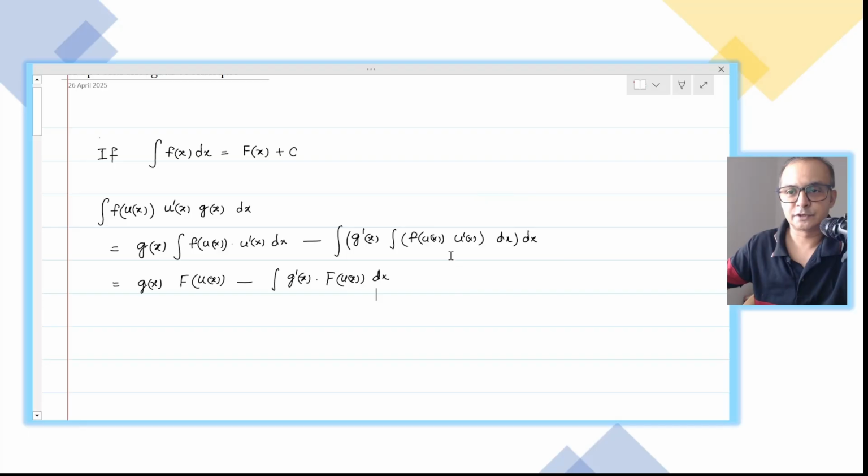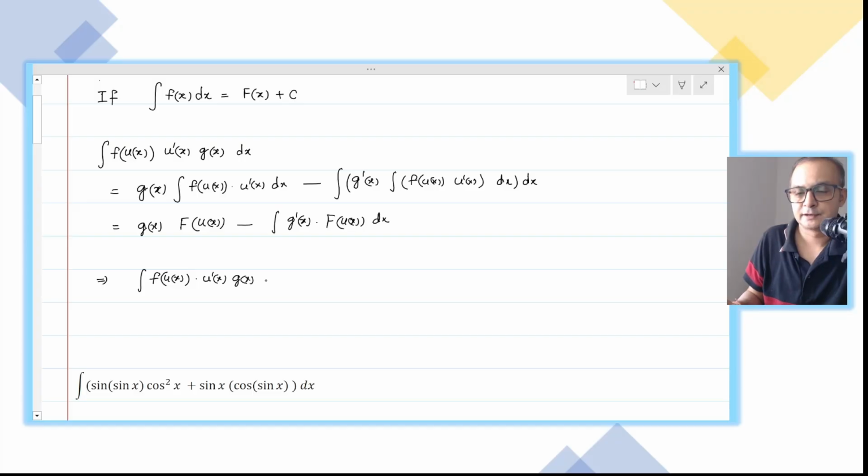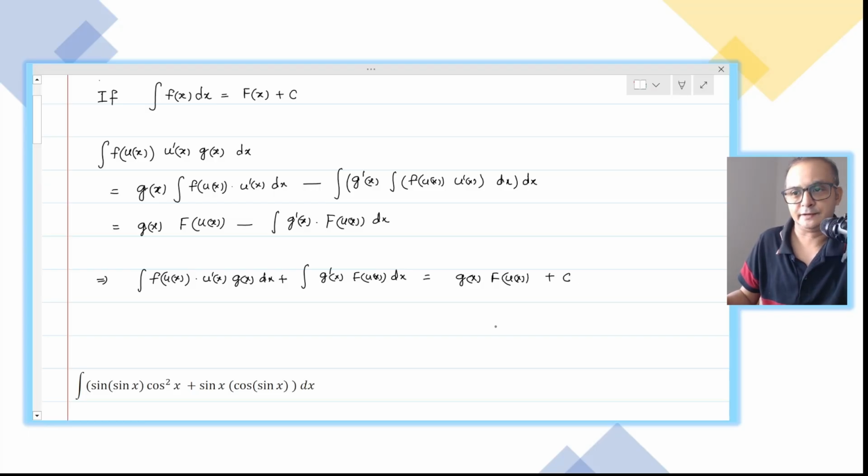Now if you observe this whole thing, I can bring this minus sign to that side. So I will have the integral of f(u(x)) u'(x) g(x) dx plus the integral of g'(x) F(u(x)) dx is g(x) F(u(x)) plus c, which we can add at the end.